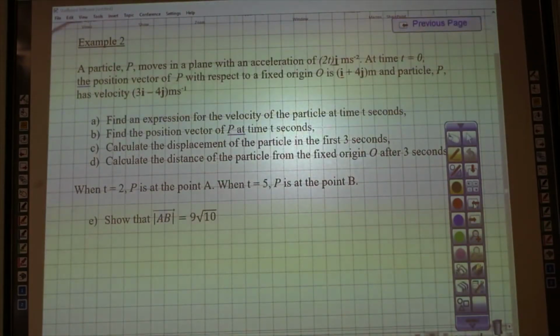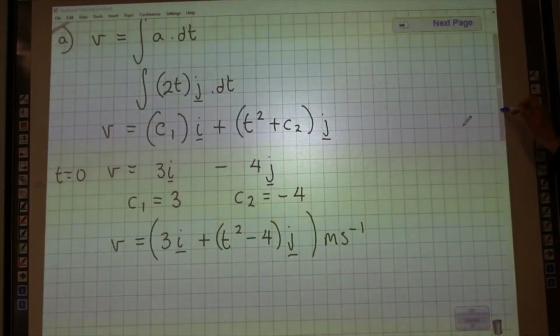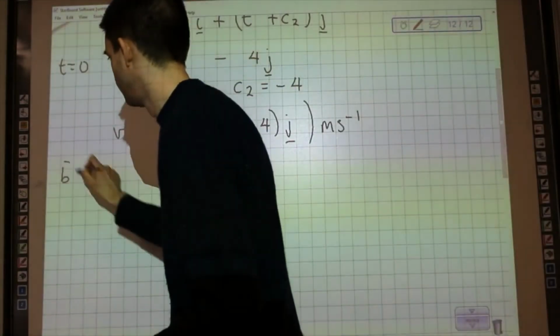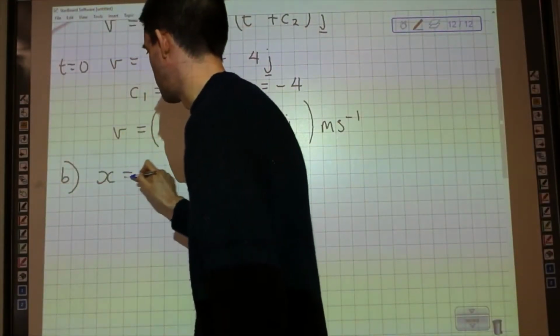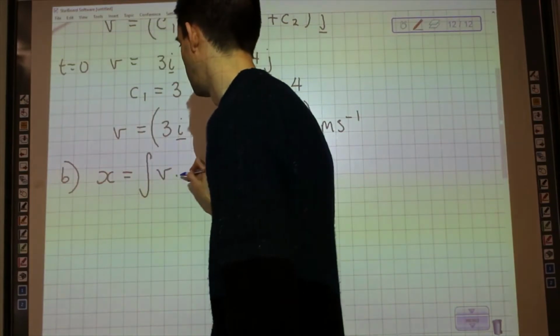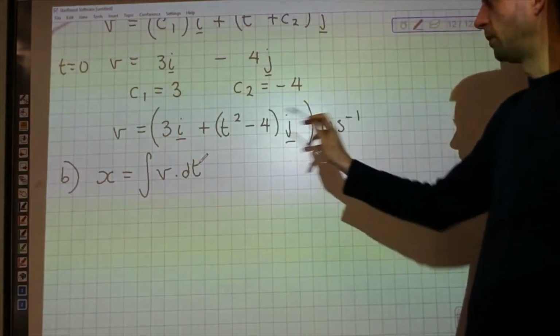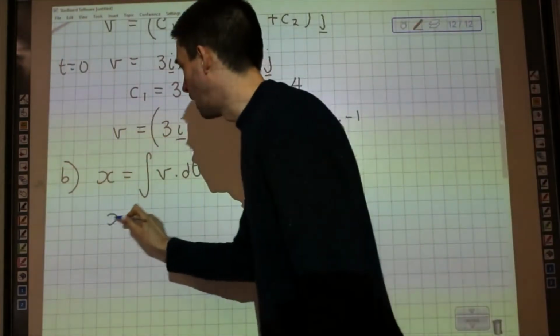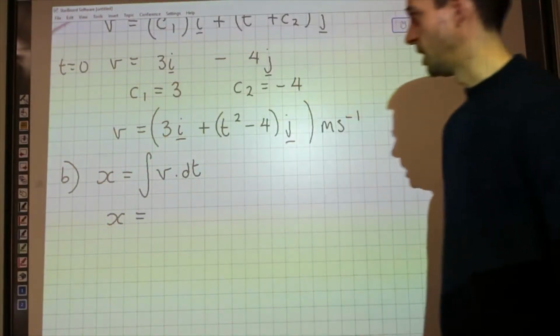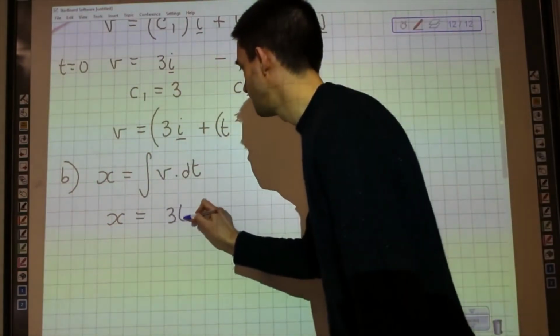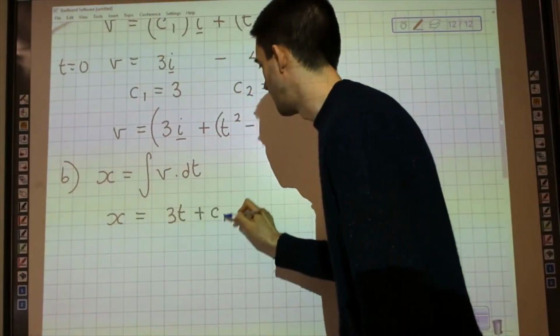The next bit: find the position vector of P at time t seconds. For position vector, we're going to be integrating the velocity. So position vector, which I call x, is the integral of velocity with respect to t. If I integrate the i and j components separately, integrating 3 gives 3t plus c1.